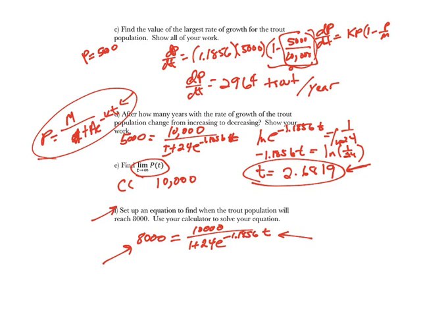I'm going to graph them, and I'm going to zoom 0 to see where they intersect. Intersection point is approximately 3.8485. Don't forget, we are writing 4 decimal places in this class, okay? So the population will reach about 8,000 in about 3.8 years, almost 4 years.